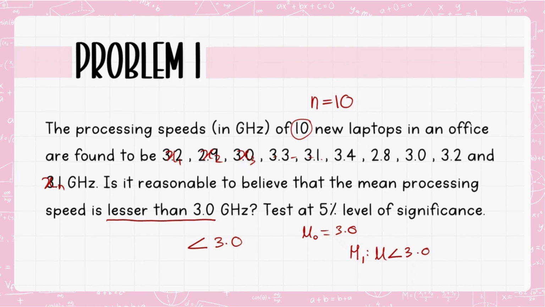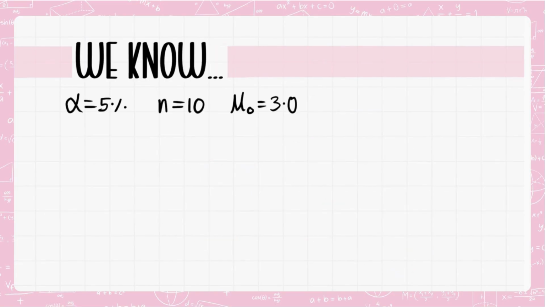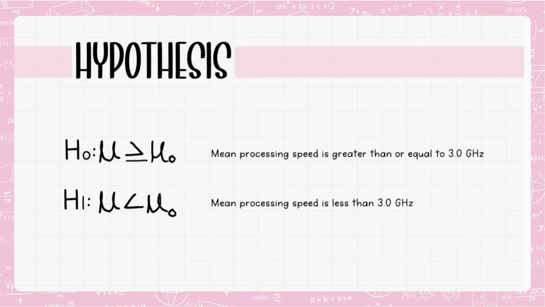And the last part of the question is test at 5% level of significance. So 5% is your alpha value. So far we have alpha, n, and mu0. So these are your hypotheses. So here H0 is your null hypothesis and H1 is your alternate hypothesis.